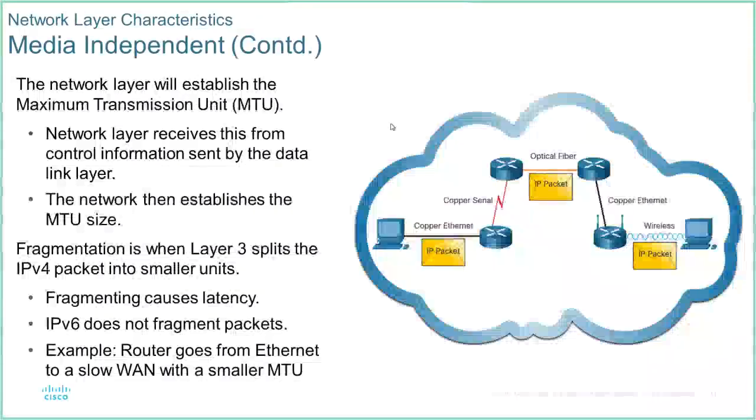We break it up in smaller parts. So we fragment it, breaking it up into smaller parts so that it's within the MTU, which is known as fragmentation. Now, this causes some delay. Delay is known as latency in a network. Now, please note that IPv6 does not fragment packets. Okay, so it'll just send the larger size.